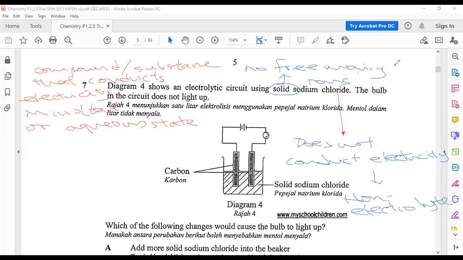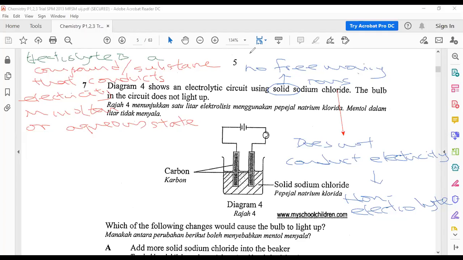Okay, can someone complete for me? Who can complete for me? Anyone can complete for me? No one, then I don't tell you the answer. Who can complete? Yanjun, please complete for me. First part, conduct electricity.